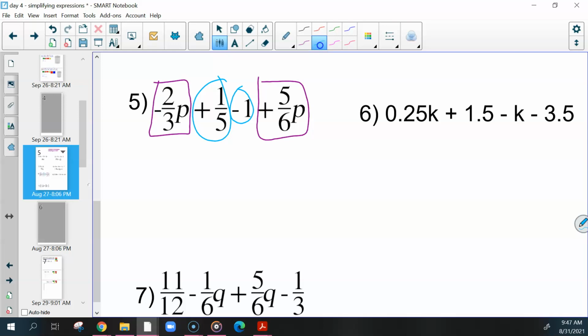When you're adding fractions on this calculator, it will simplify fractions for you, so you don't have to do that. But the fraction you should have gotten when you added negative 2/3 and 5/6 was 1/6.